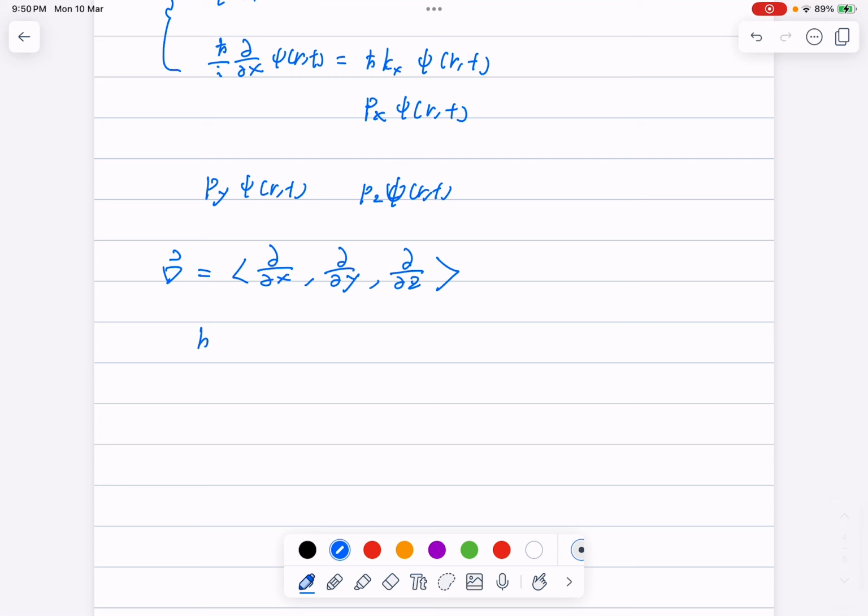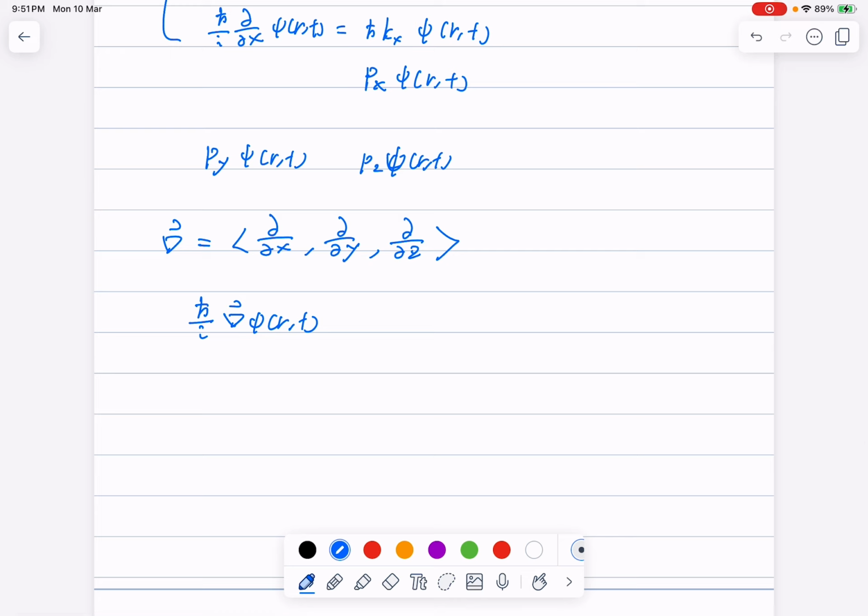When we apply h bar over i times the gradient operator to psi(r,t), we get the sum of these three. Sorry, it's just a common habit that I keep writing the x in order. We get this.